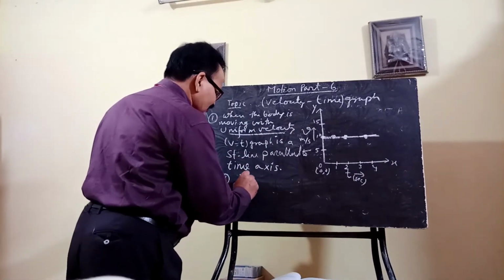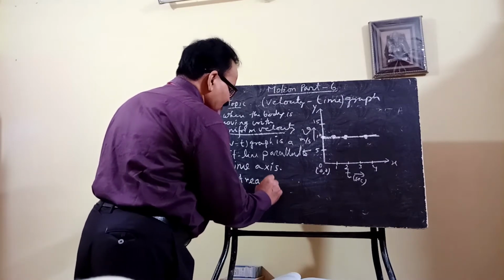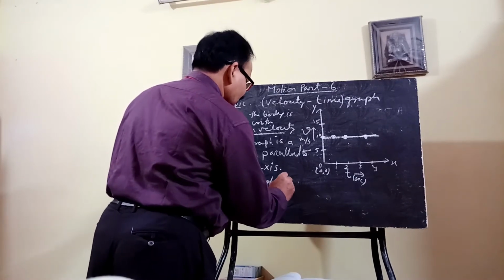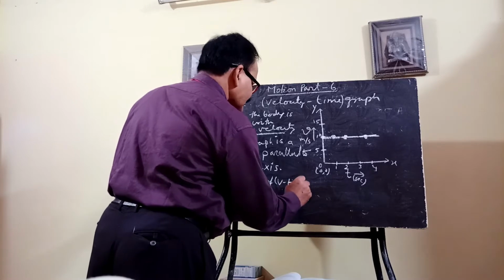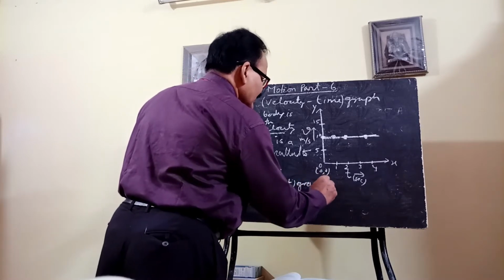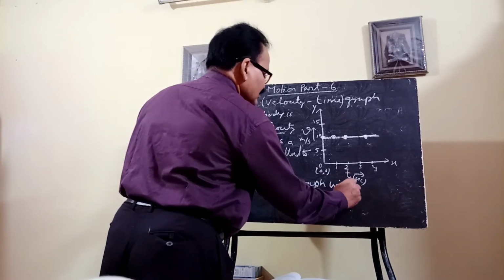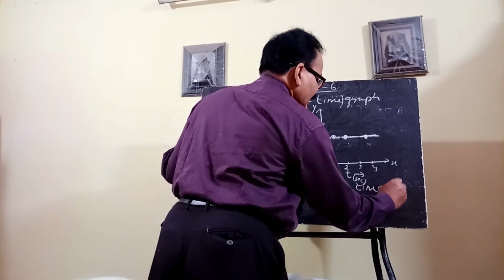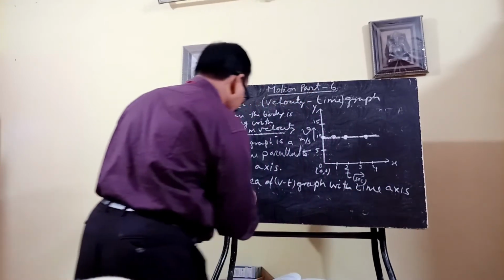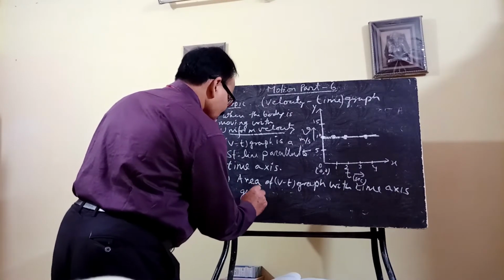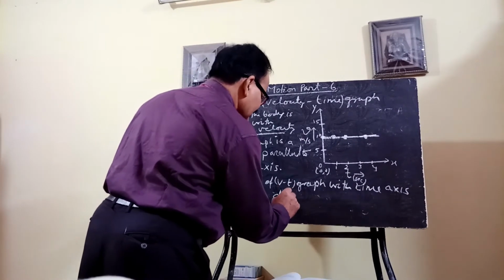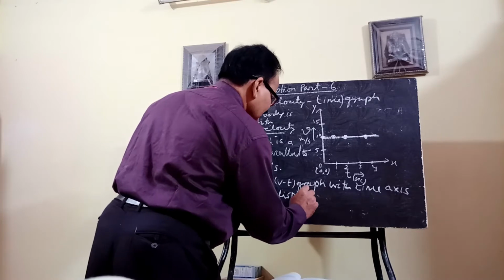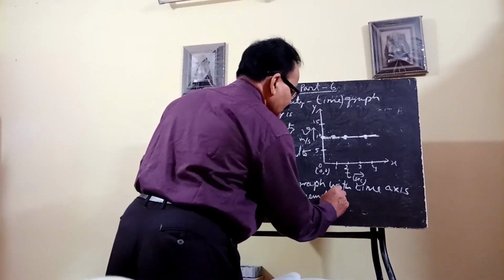So first, the area of the velocity time graph with time axis gives the displacement of the body.